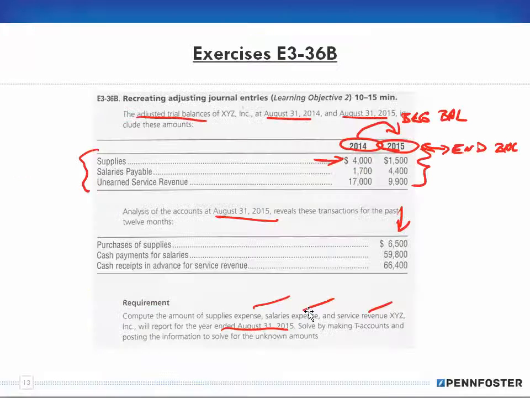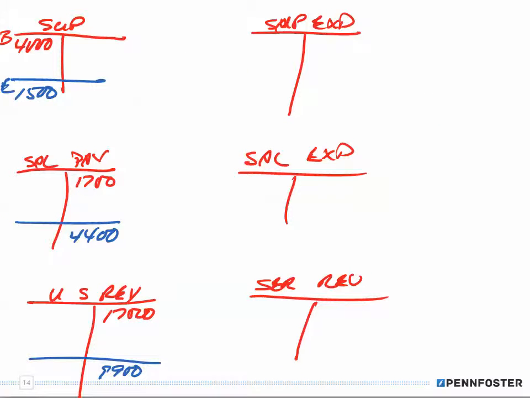Okay, so what we're doing here is making T accounts and posting the information to solve for the unknown amounts. If we understand the concepts of making adjusting entries for supplies, for salary payable, and for unearned service revenue, we can start with the beginning balance, know what the ending balance is, and figure out what the adjusting entry should be, because we're adjusting that particular account, and we're either going to expense or revenue as the opposite side of that transaction.